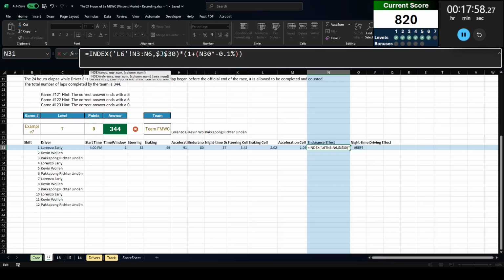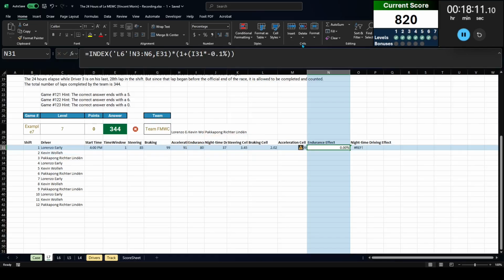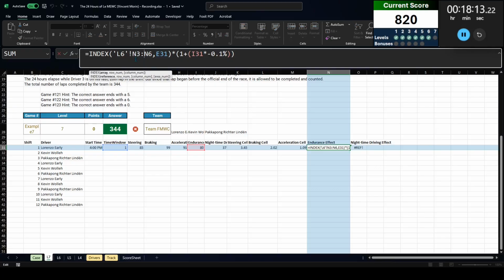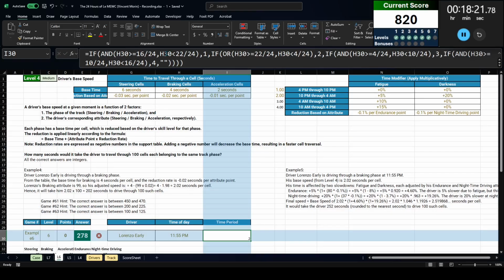And this J30 is going to be time window here. And then 1 plus, so endurance is based on here. Let's see here. So index N3 to N6. Yeah.